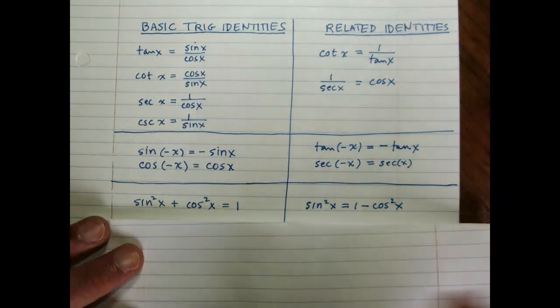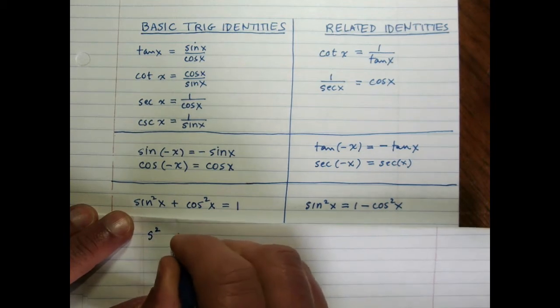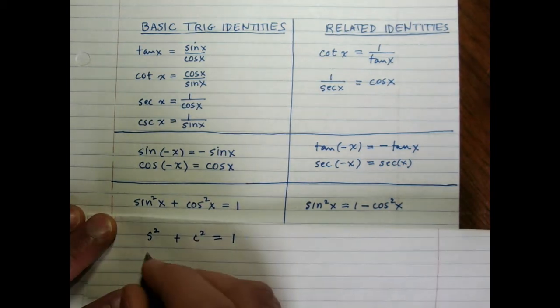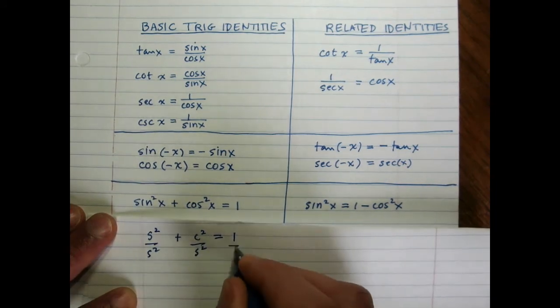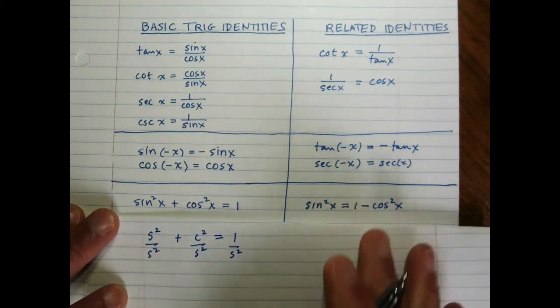We also looked at, and now I'm just going to use a shorthand here, sine squared plus cosine squared equals 1. Remember how we talked about how you could divide through by sine squared? I think we went through this calculation while we were still in class.